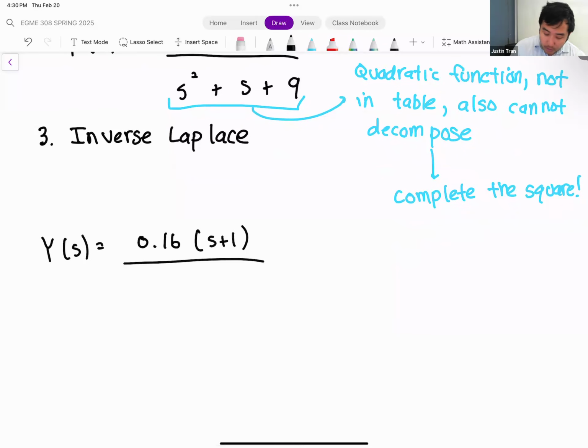The way we complete the square is to take the coefficient in front of the s, which is just 1, divide that by 2, and then square it. Remember, that's how we complete the square.